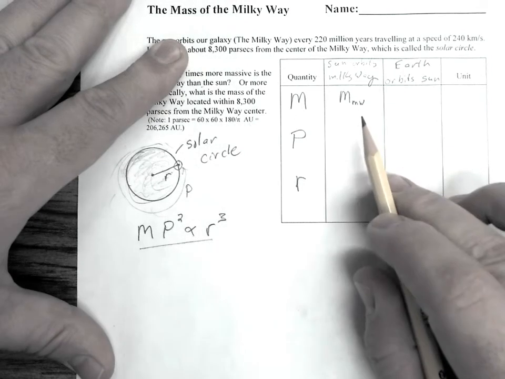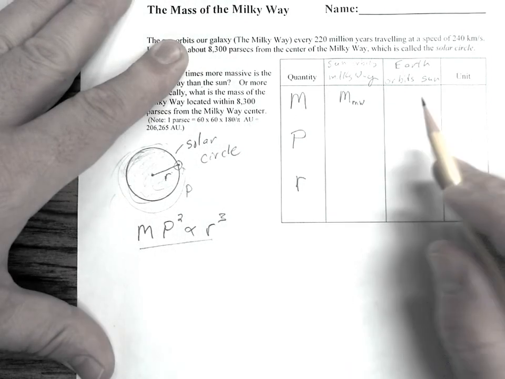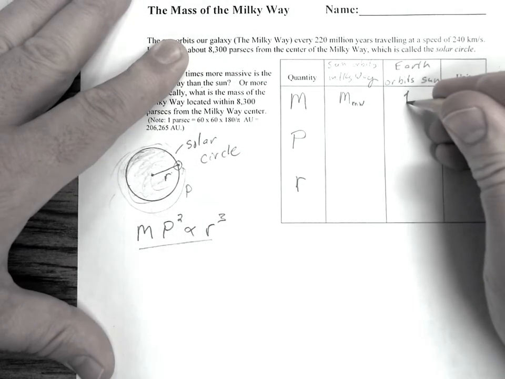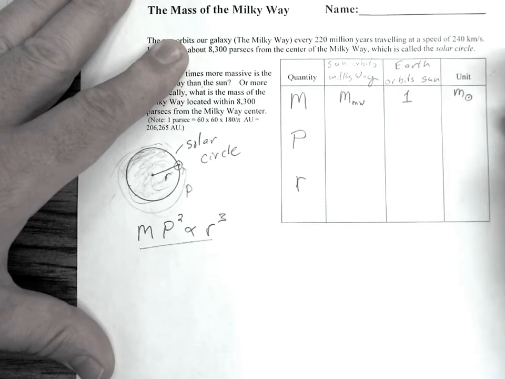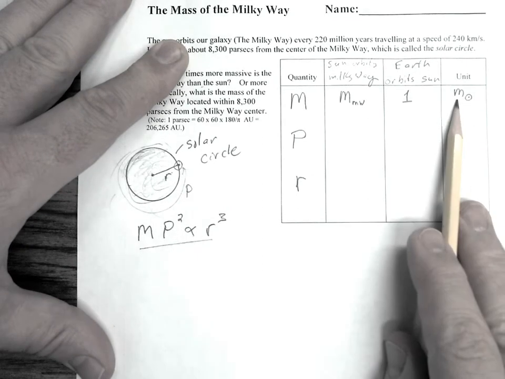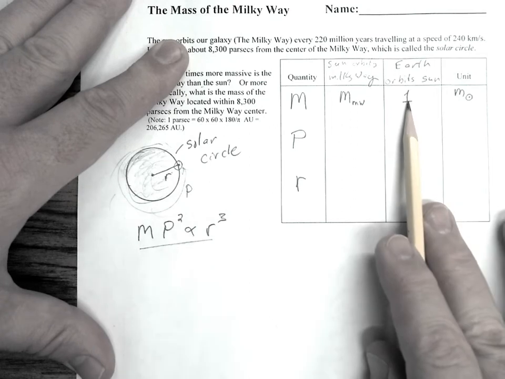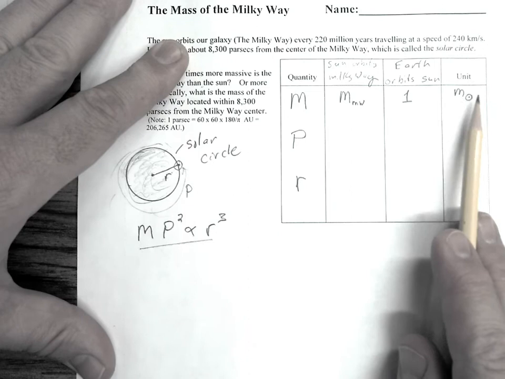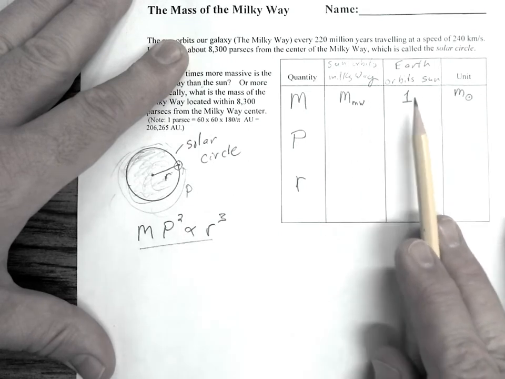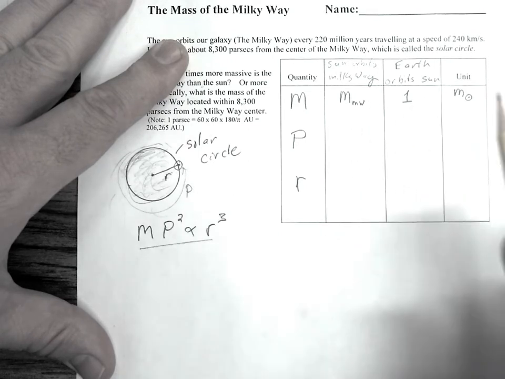And then we know that the mass of the Sun, because that's the thing being orbited, is 1 solar mass. So we can put that in as our unit, and we can say 1 there. Alternatively, if you wanted to, you could have put the solar mass there and left the unit blank and found the ratio. You get the same answer both ways.